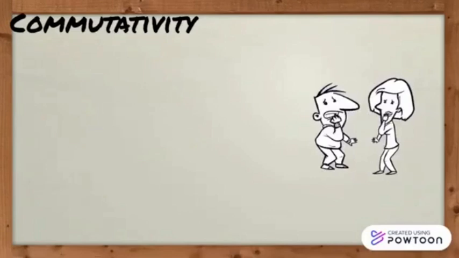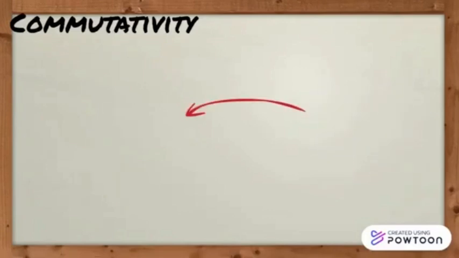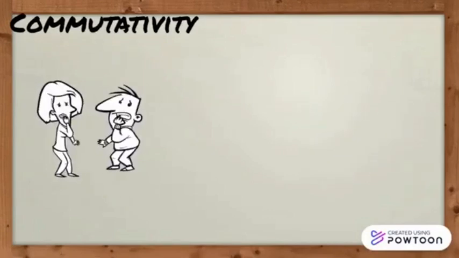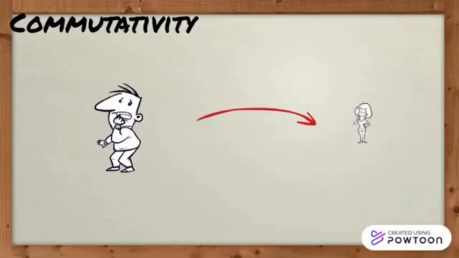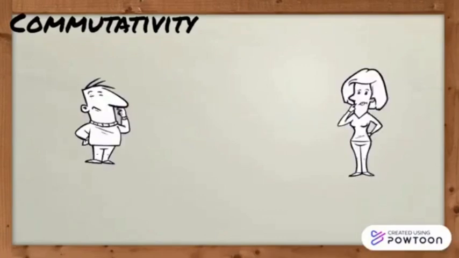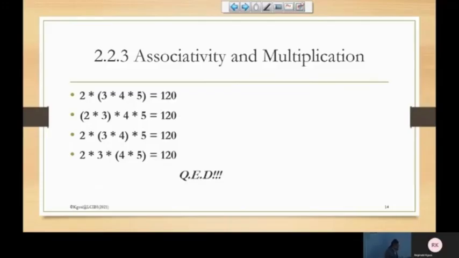So always when you're trying to prove associativity, make sure that you do not change the position of the operands. They remain in the same place. Only change their positions when you're proving commutativity.